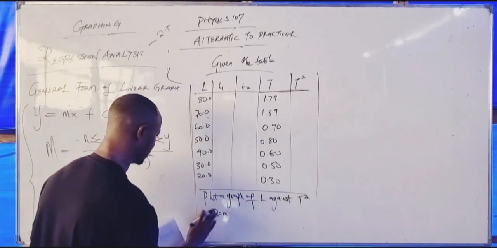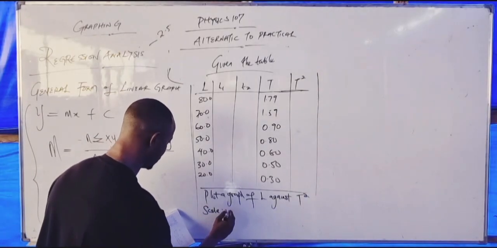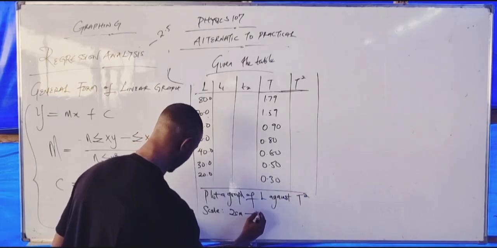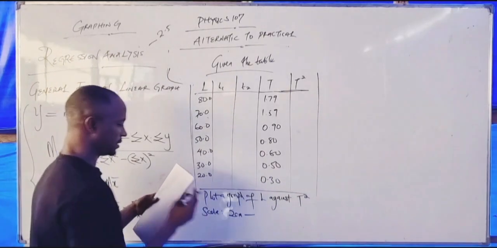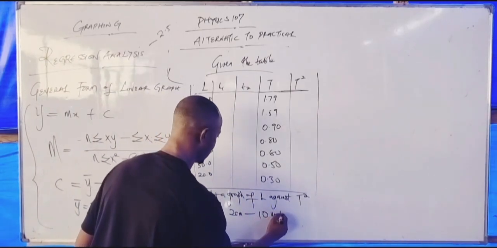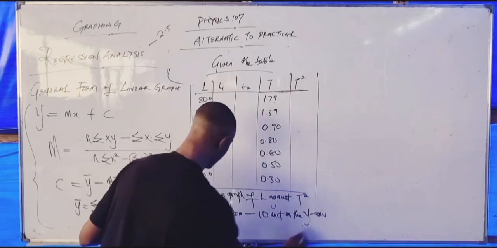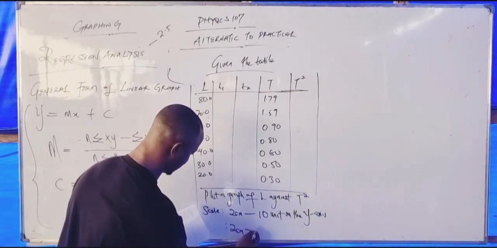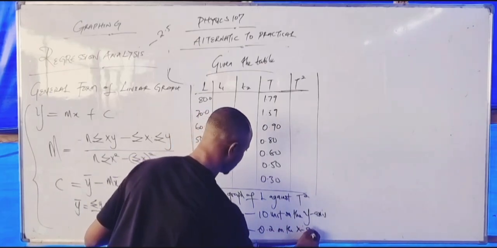A scale was given: 2 cm to represent 10 units on the y-axis, and 2 cm to represent 0.2 on the x-axis.